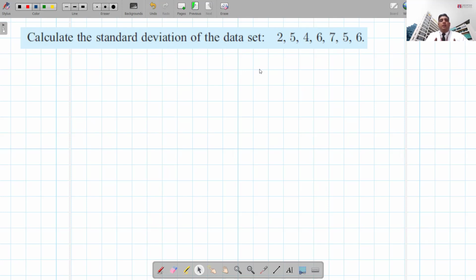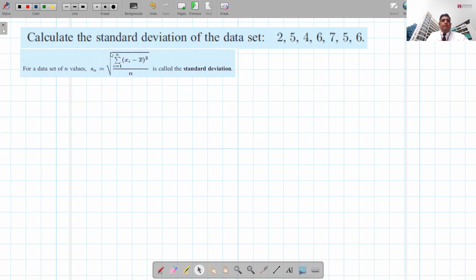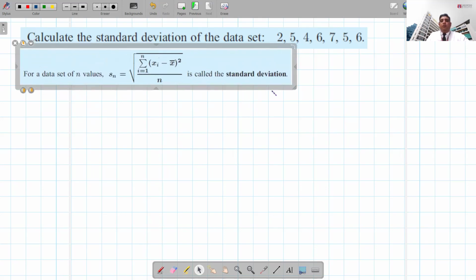But here, when nothing is mentioned, we consider it as population. Now, let's copy paste our formula here. This is the formula.